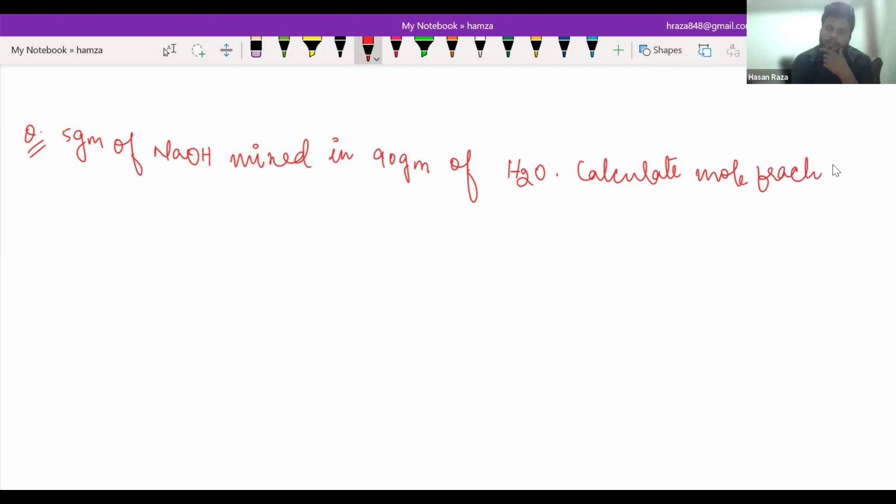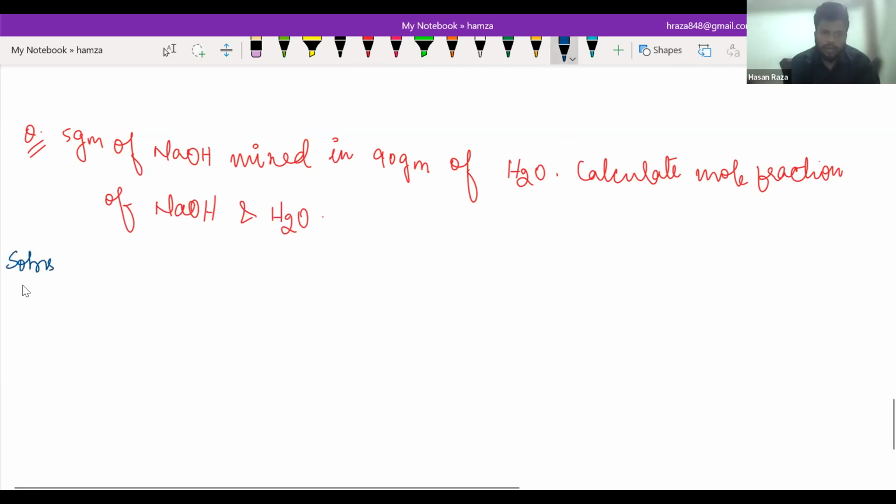Calculate mole fraction of NaOH and water. If you are unable to solve it, please ask me. And if you are able to apply the formula and solve it, that's very good. Please do it.